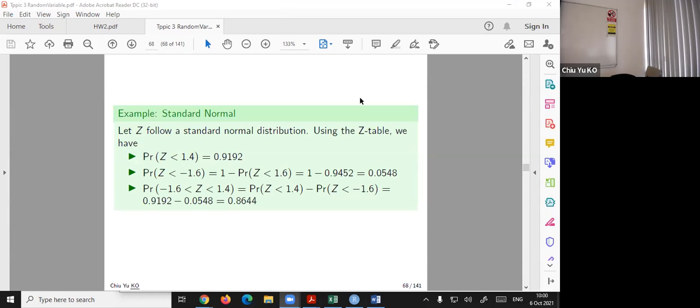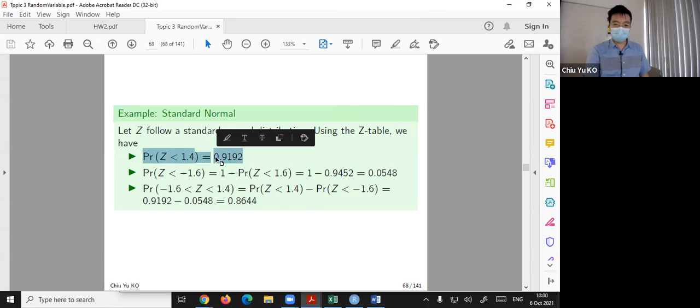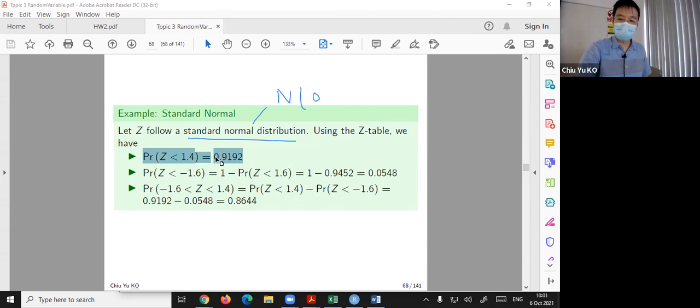Let's try to look at Excel now. The first question is asking, suppose I have a standard normal, which is normal with mean 0 and sigma 1, or sigma squared 1. Just to remind you, this means normal 0, 1.